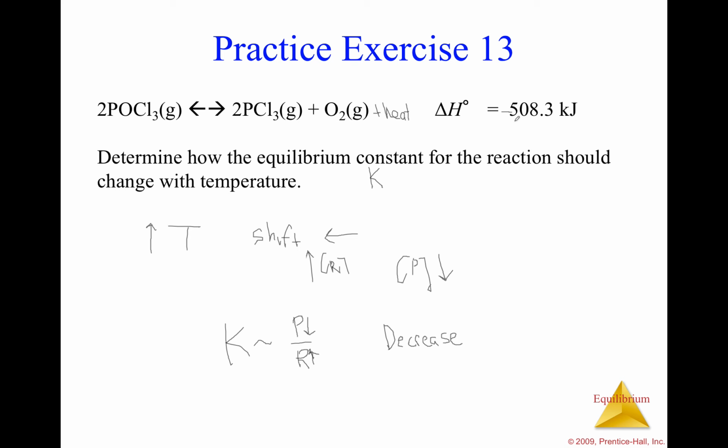So again, exothermic, heat is a product, and I put this negative sign in here for this example. If you add heat, it shifts left, so increase temperature, the reaction shifts left, makes more reactants, uses up products. K is a ratio of products to reactants. So if your number upstairs goes down and downstairs goes up, that K value is going to overall decrease.